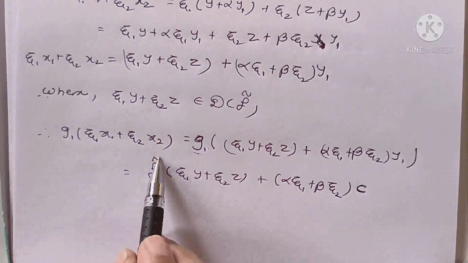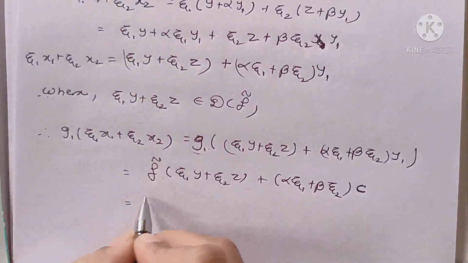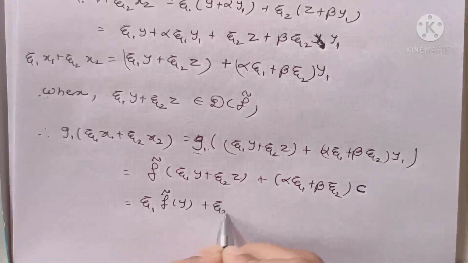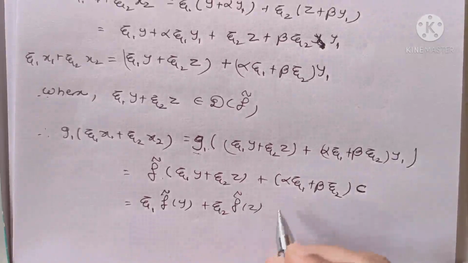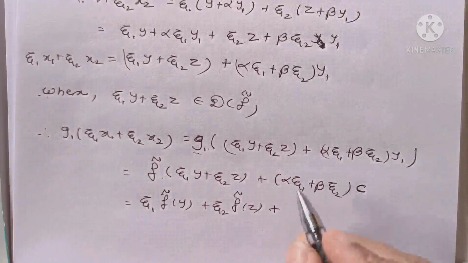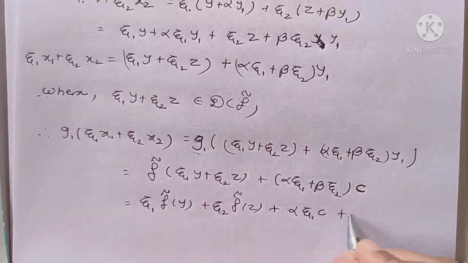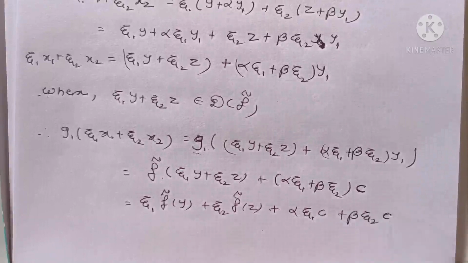Now f tilde is linear, and therefore it equals xi1 f tilde of y plus xi2 f tilde of z plus, opening this bracket, alpha xi1 c plus beta xi2 c.